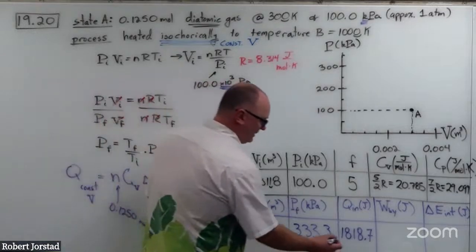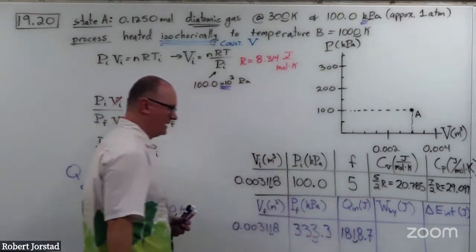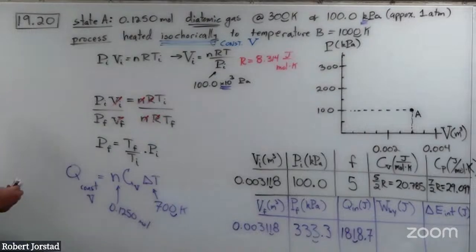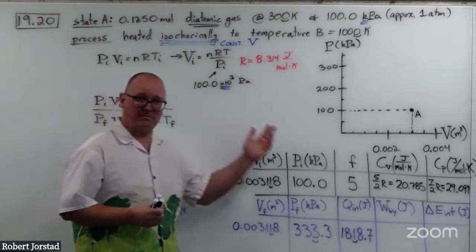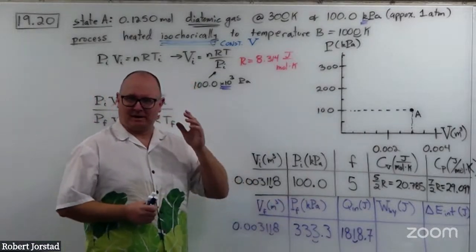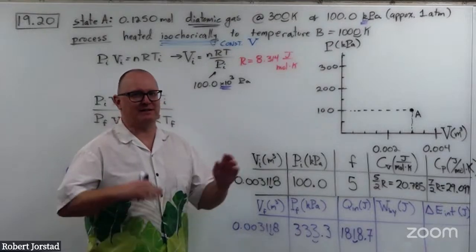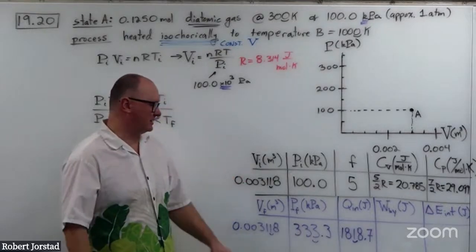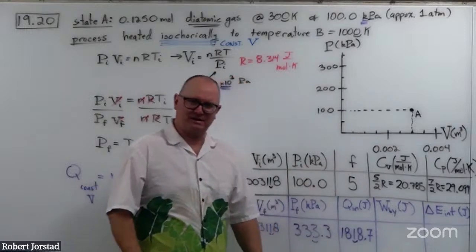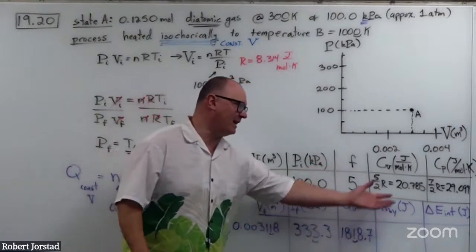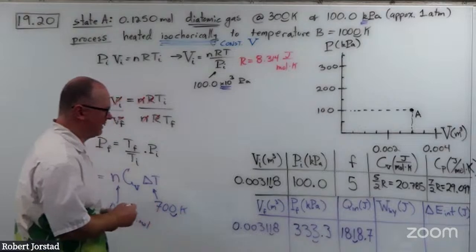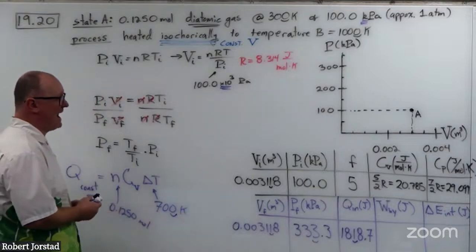So we're probably off in the 3rd digit, so I'm going to indicate that. I like to keep the extra digits because when we get to cycles, there's a lot of little subtractions and the errors can add up. So I like to keep my unrounded work in my charts. That's it.